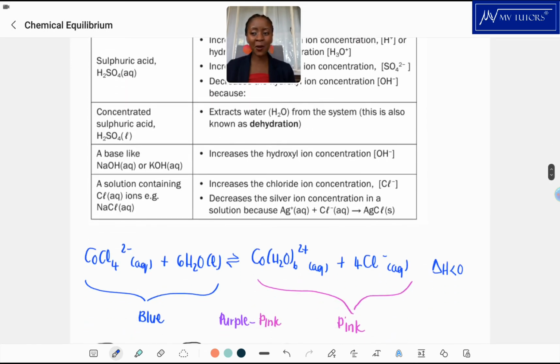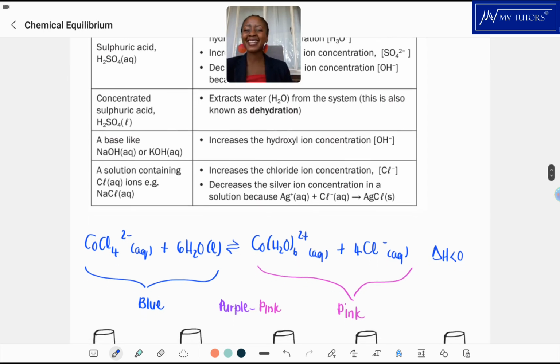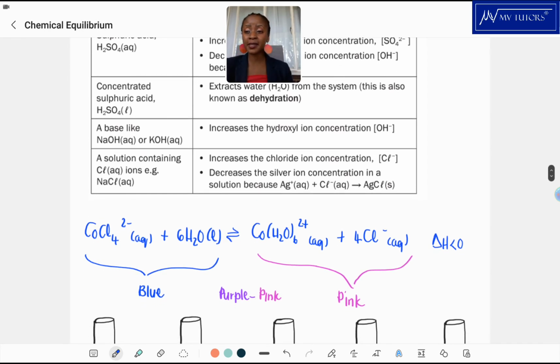And here's the example. Let's say you have cobalt chloride in aqueous solution, and then we have 6 moles of water. Then we have our products, as well as the chloride ions.